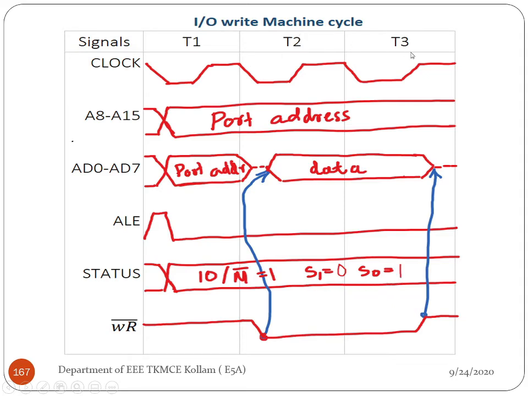During the second and third clock cycles, the AD bus is free due to the demultiplexing process. So whenever the WR bar signal goes low during the second clock cycle, the data available inside the MPU is placed in this AD bus, and whenever the WR bar signal goes high during the third clock cycle, the data now available in the AD bus is transferred to this port address.